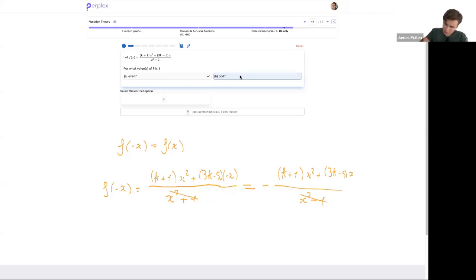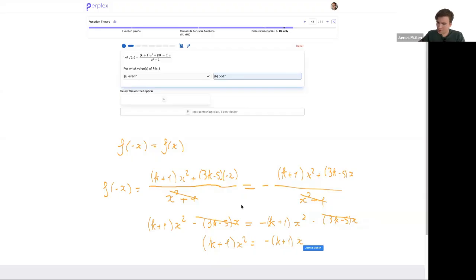And then I'm left with k plus 1 x squared plus, or in this case, sorry, minus 3k minus 5 x, because I take the negative and put it in front, is equal to negative k plus 1 x squared minus, again, this minus distributes with that plus, minus 3k minus 5 x. So on both sides, I have negative 3k minus 5 x, so I can cancel those. And then I'm left with k plus 1 x squared is equal to negative k plus 1 x squared.